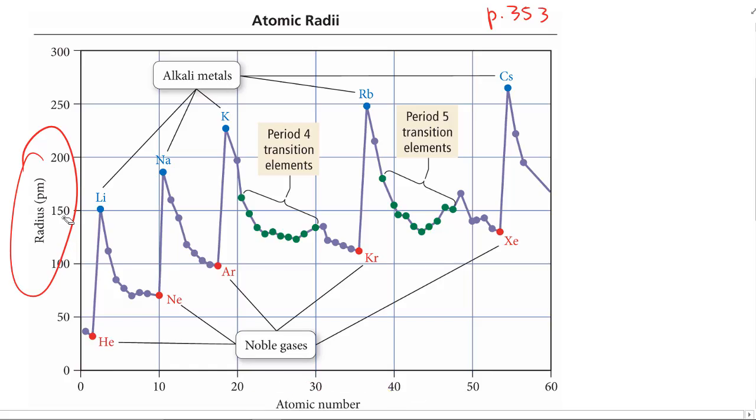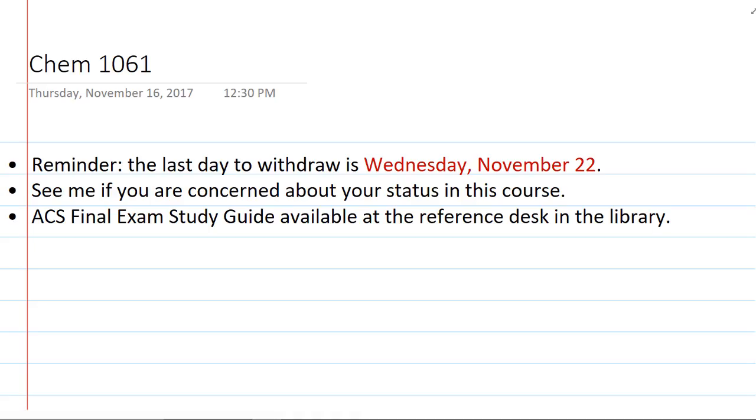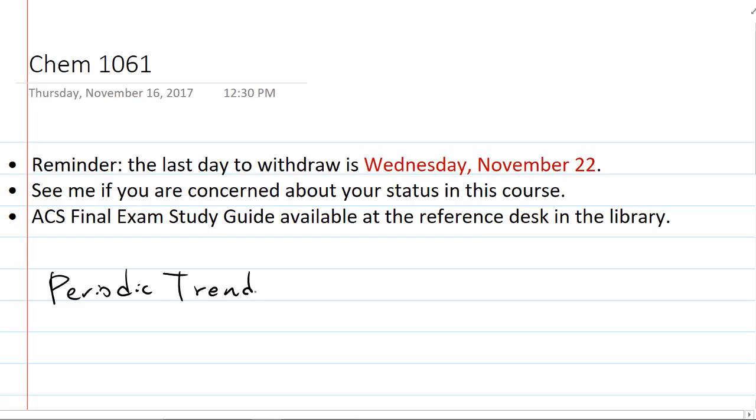And what we're starting to look at here today is an examination of what we call periodic trends. Periodic trends basically is an explanation to some of the repetitive behavior that we see amongst the elements on the periodic table.